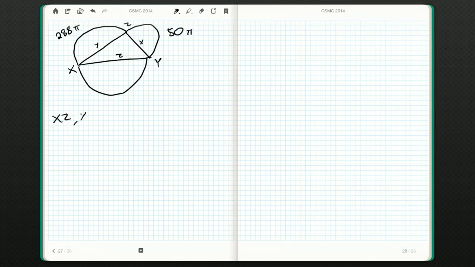So YZ, XZ, XY, YZ are diameters of semicircles.